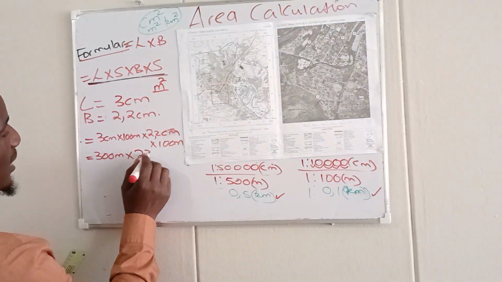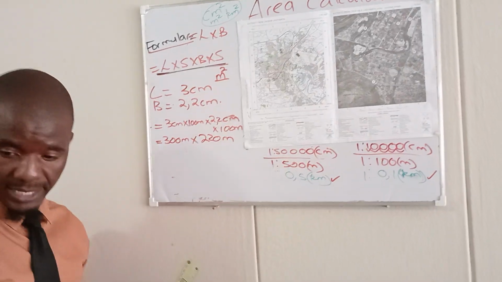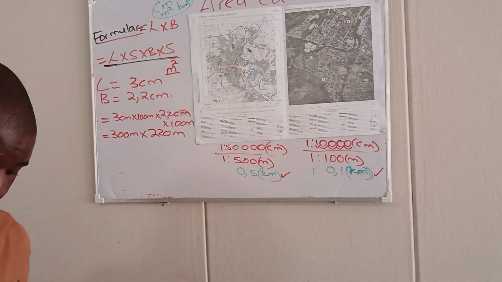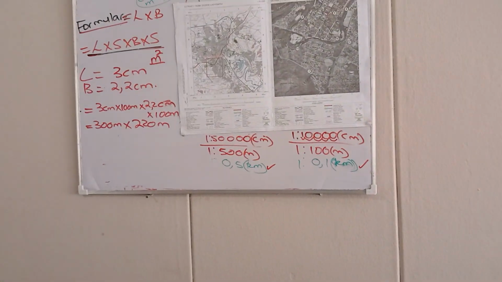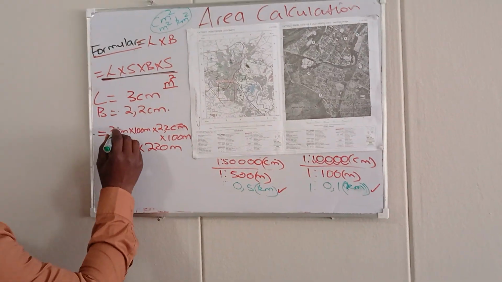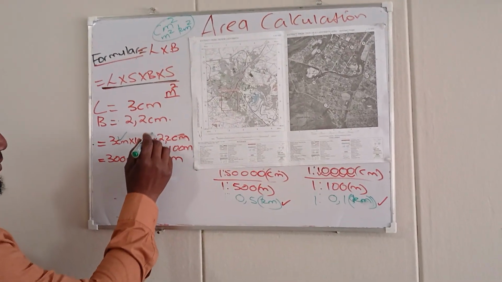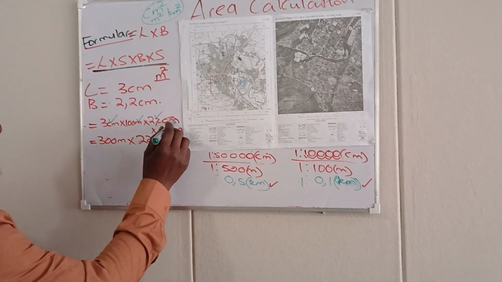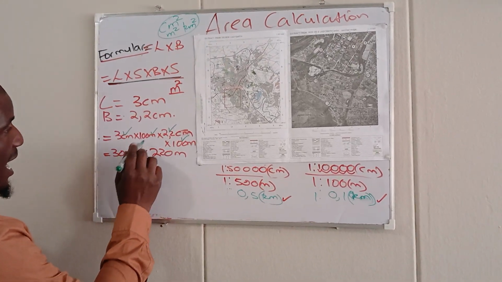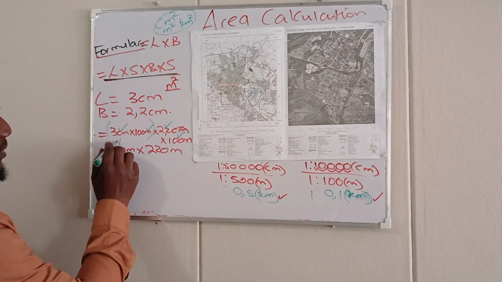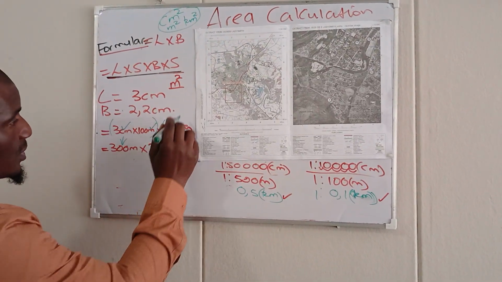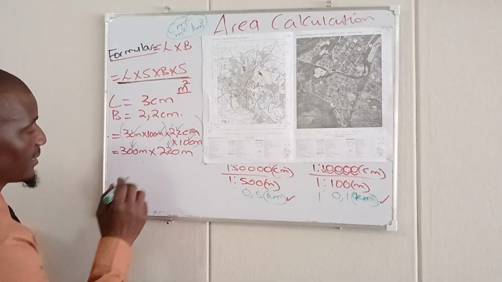I'm going to get 220. I want you to take note of something. Can you see what I've done? I've got my length and multiplied it with the scale. I've got my breadth and multiplied with the scale. So here I've got 300 and 220.